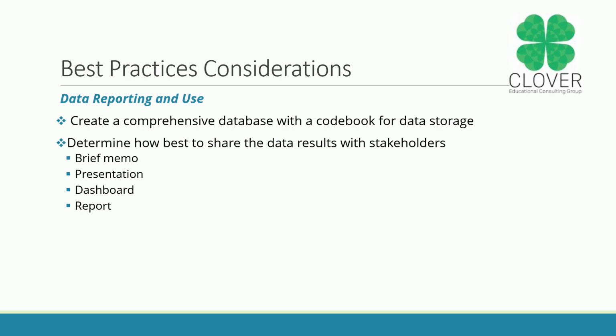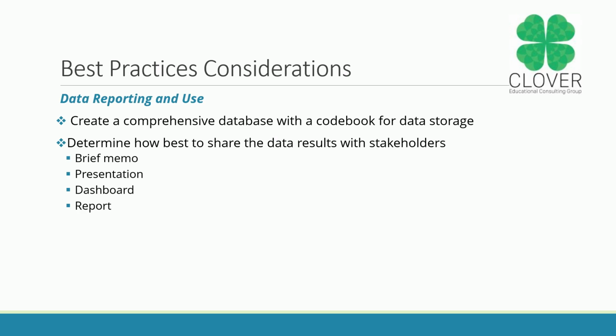Also, determining how to use the data is really important. Really consider the stakeholders you're reporting to or sharing the data with when you're deciding how to share it. For things like accreditation, it's a lot more strict on the format and how you share data. So make sure that you have that embedded in your evaluation plan and you're familiar with what's required.